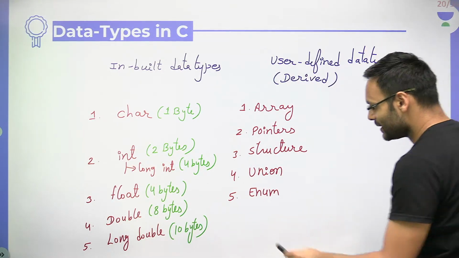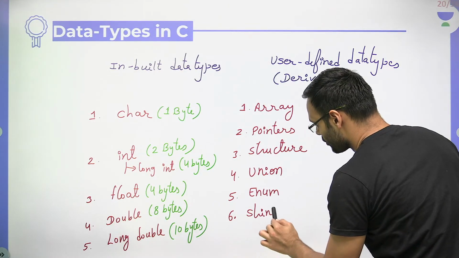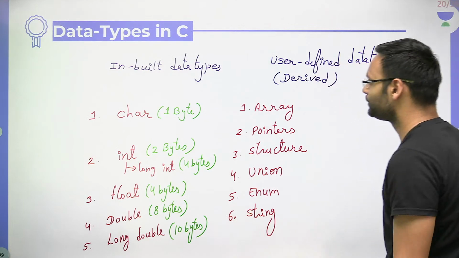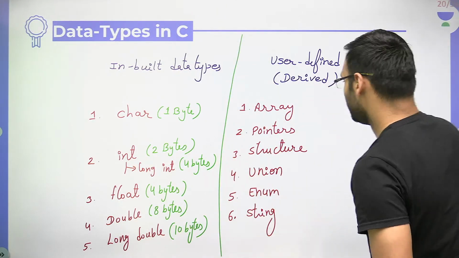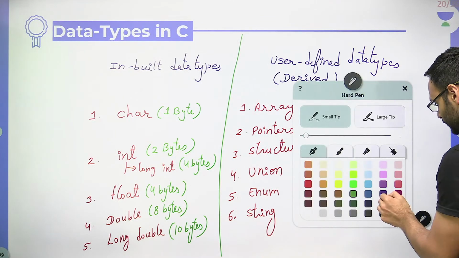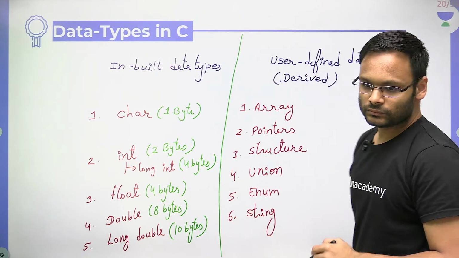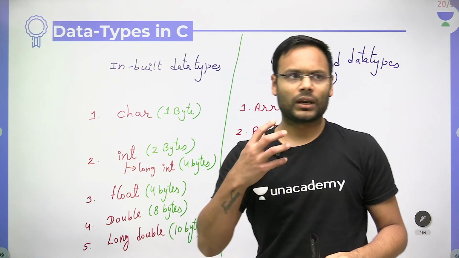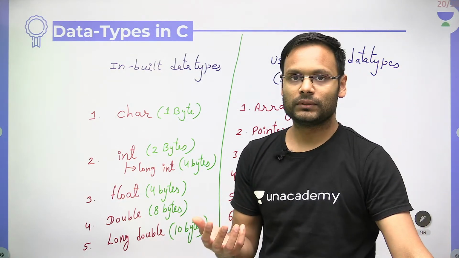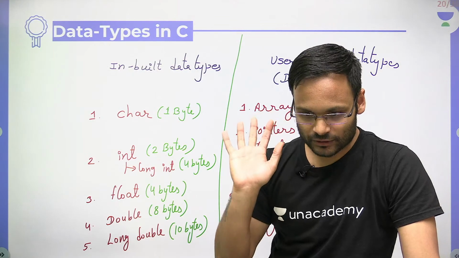One more thing I missed here, which is string. String is also one of the user defined or derived data types. Whatever compiler we use, there are almost 60 different compilers for C language itself.